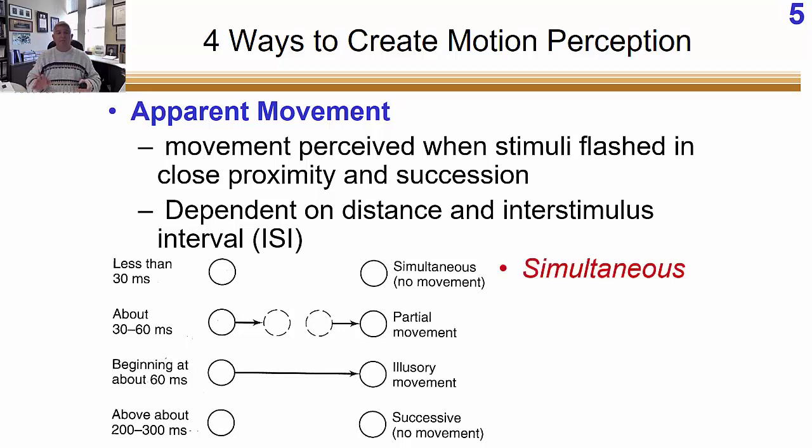If we slow down and make that delay a little bit longer, you start to get movement, either partial movement or, when you get the right time in between those, you actually start to see smooth movement or illusory movement. And then as we make the time even longer, it becomes successive, right? One flash happens and then the other one happens, and we don't perceive that movement anymore. So that's real movement and apparent movement.